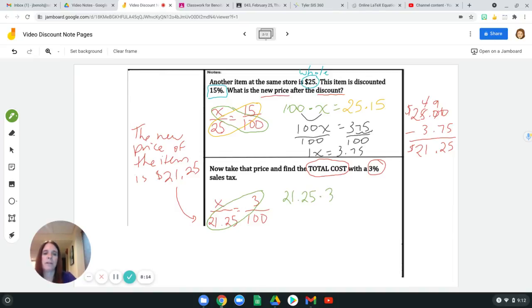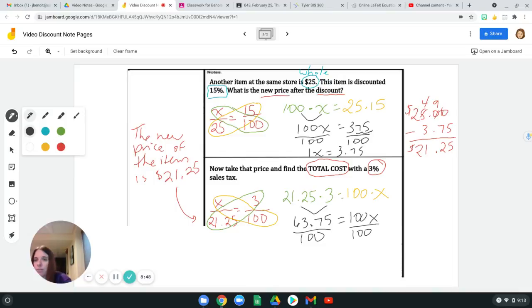21.25 times 3. I'm too excited about this. Numerator times opposite denominator, 100 times x. All right, $21.25 times 3 is $63.75. Yes. 100 times x is 100x. Divide by 100. Now, the same trick would apply here. You're dividing by 100, so you just move that decimal point two to the left.